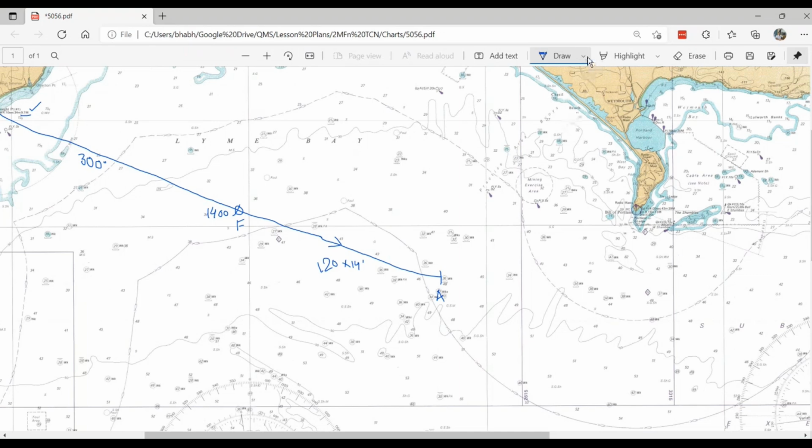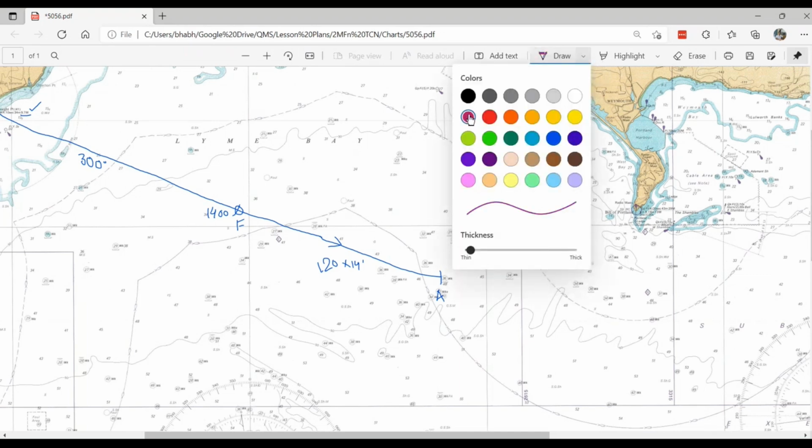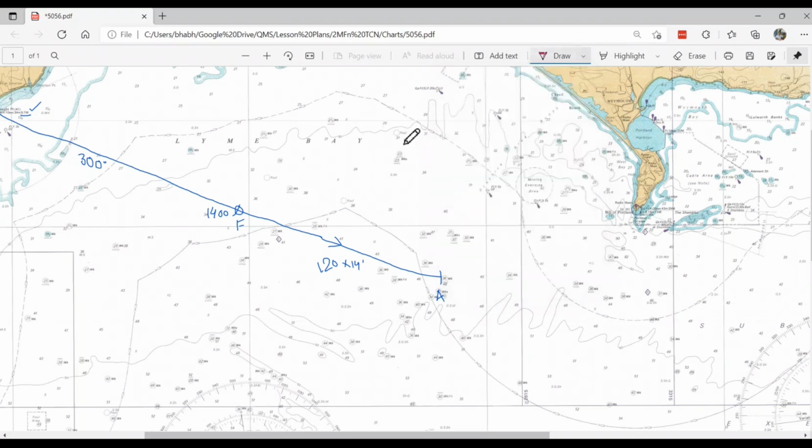And they have also given us the current in the area. The current is 030 at 3 knots. तो मैं यहाँ पे अपना करंट लगा देता हूँ. 030 at 3 knots. ये मैंने करंट लगा दिया.